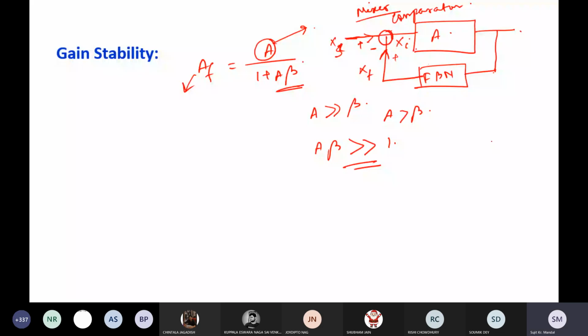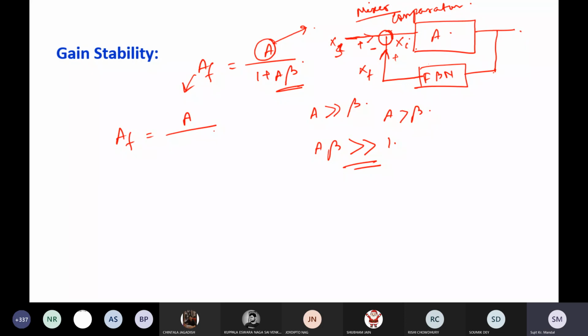Whenever we use the amplifier and connect a feedback network, we make A beta very, very greater than 1. In that case, AF is equal to A divided by 1 plus A beta.